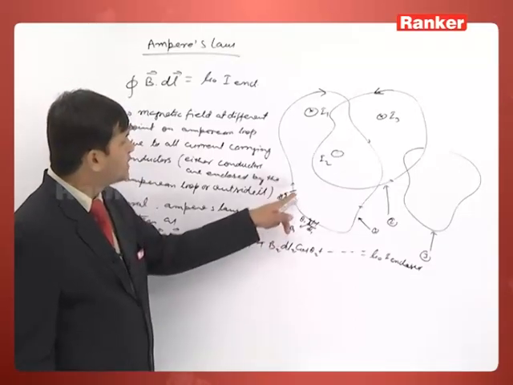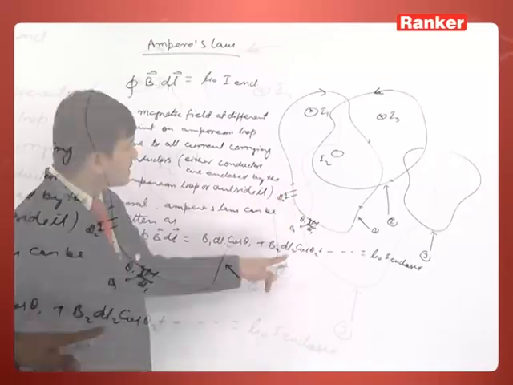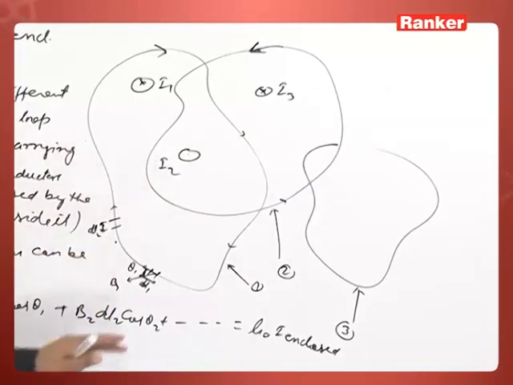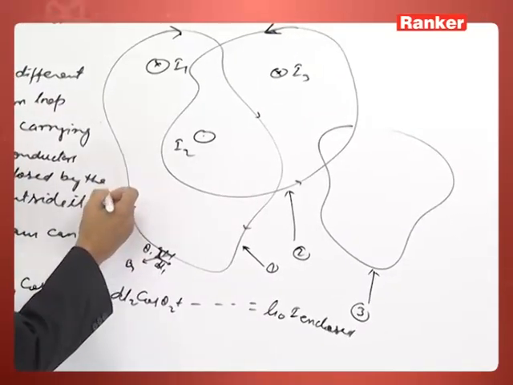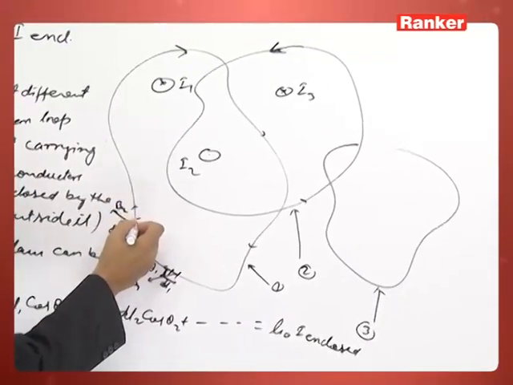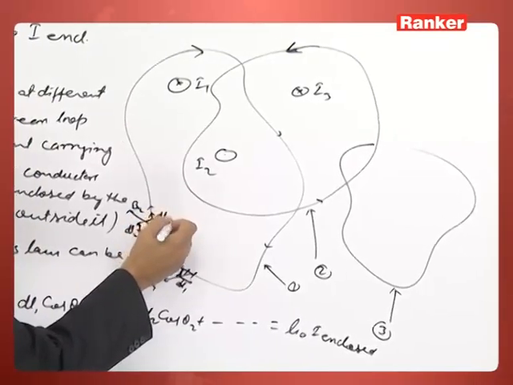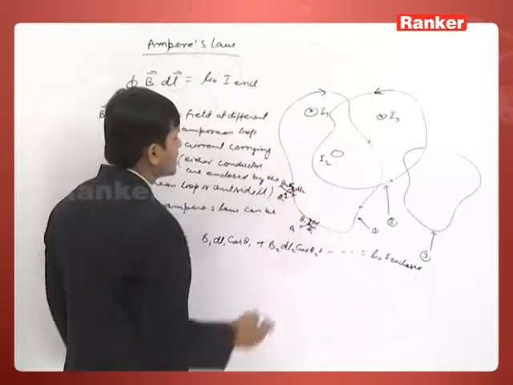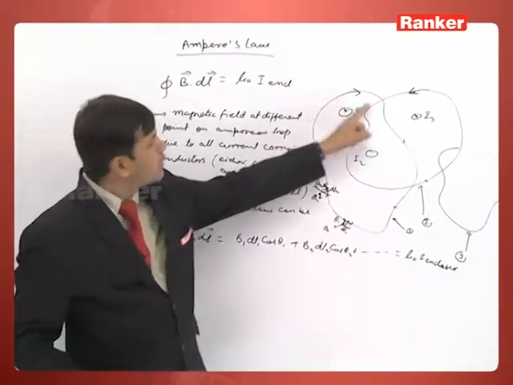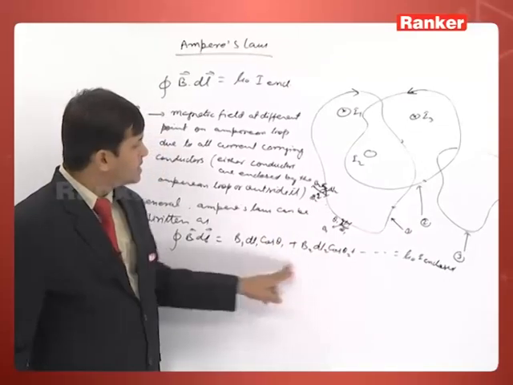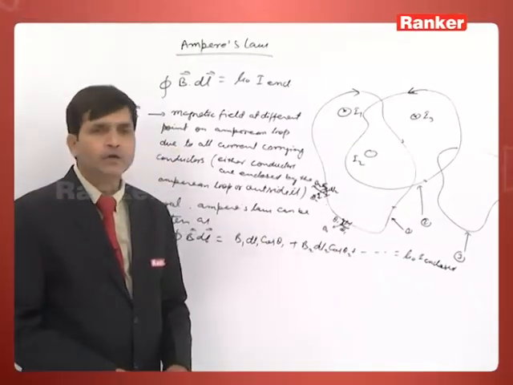So B2 is the field at this region, dl2 is the length element, and this angle is theta 2. Likewise we do this throughout the whole Amperian loop, then we will get mu naught I enclosed.